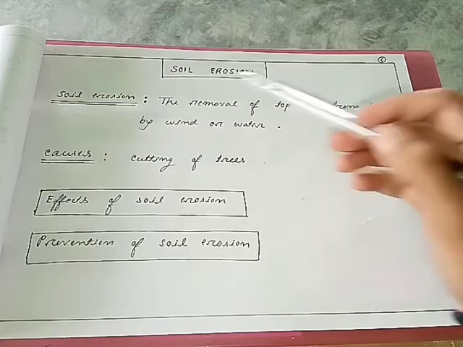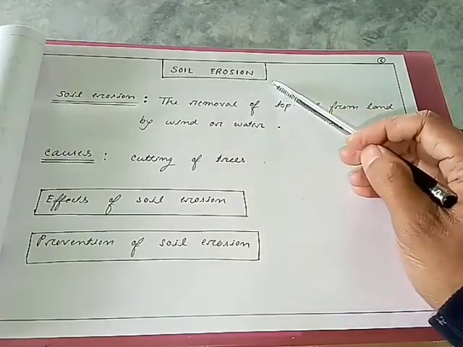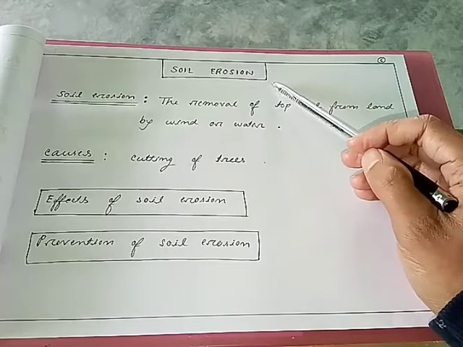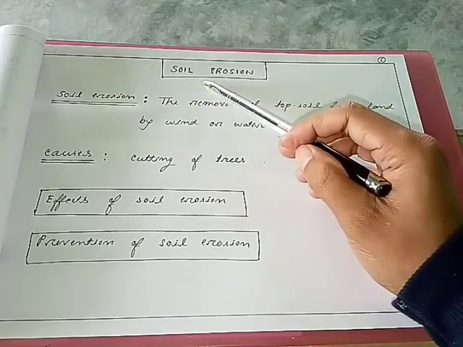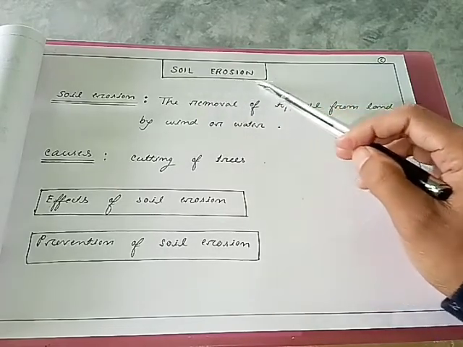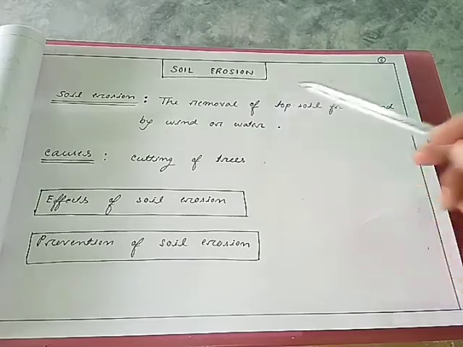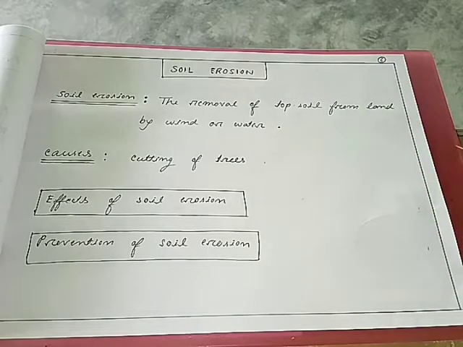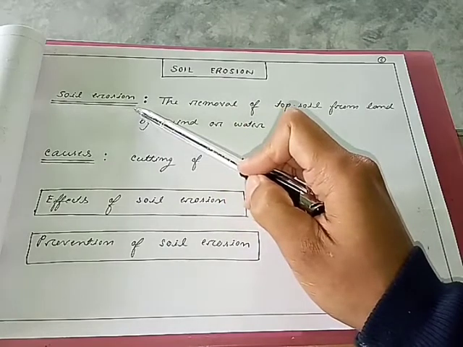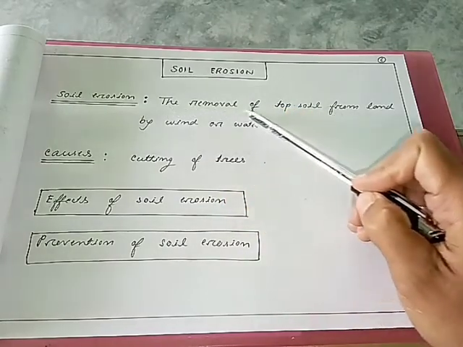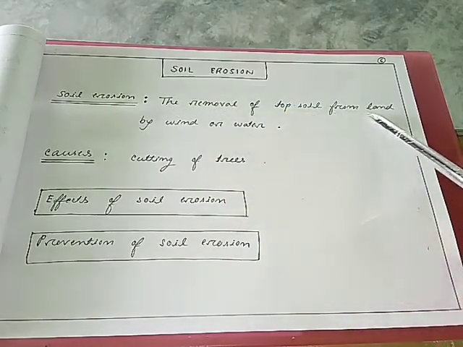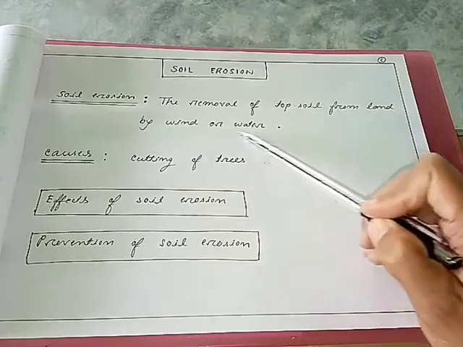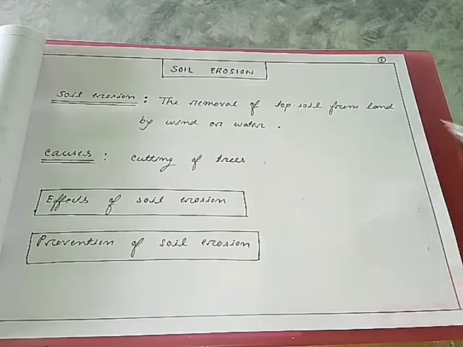So now the topic is soil erosion. You all have a little idea about soil erosion. So let us discuss what is soil erosion. Soil erosion is the removal of the topsoil from land by wind or water. We know that there are 3 layers of soil: topsoil, subsoil and substratum.